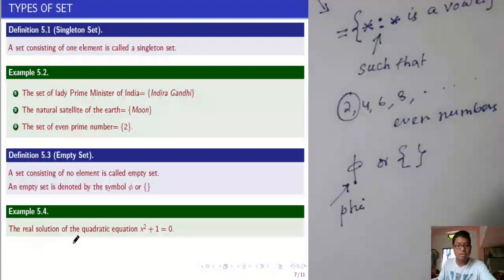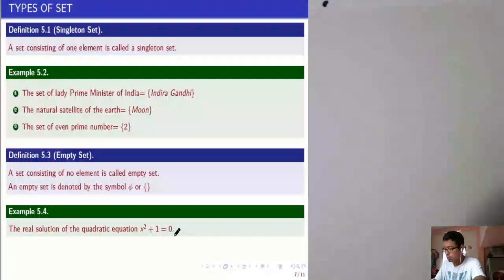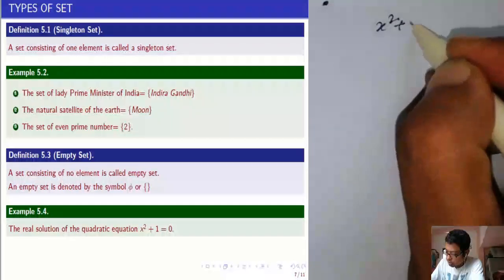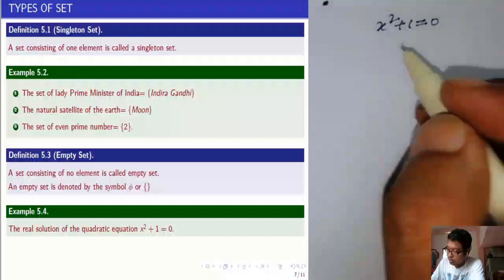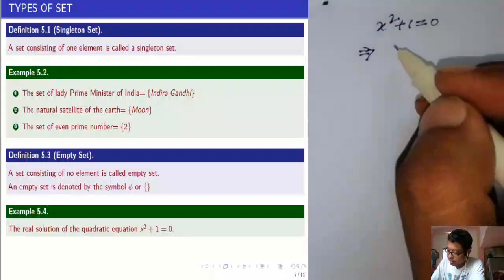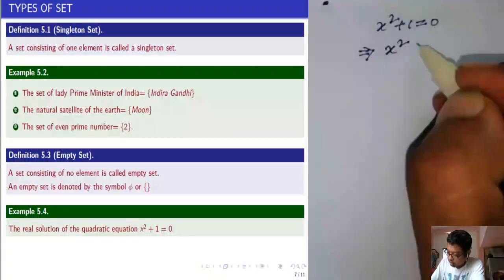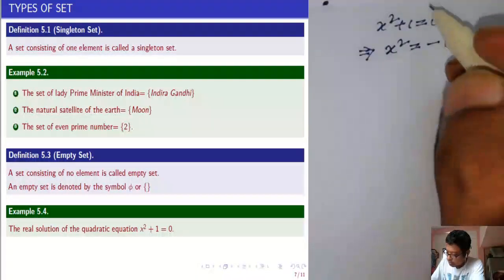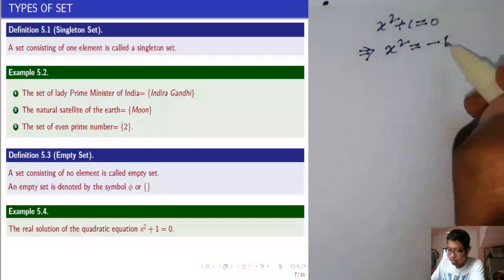The real solution of the quadratic equation x square plus 1 is equal to 0. If I want to solve this quadratic equation, then x square is equal to minus 1, shifting plus 1 to this side, it becomes minus 1.